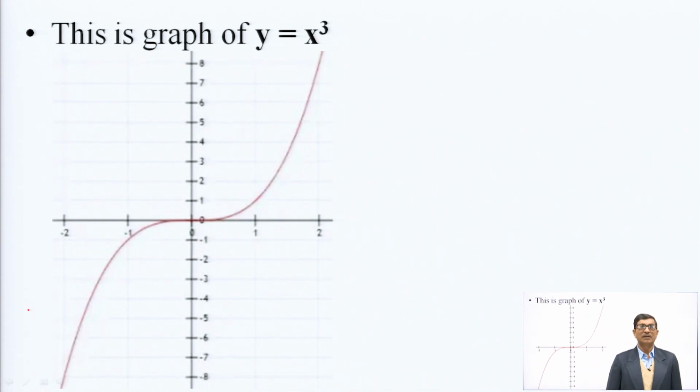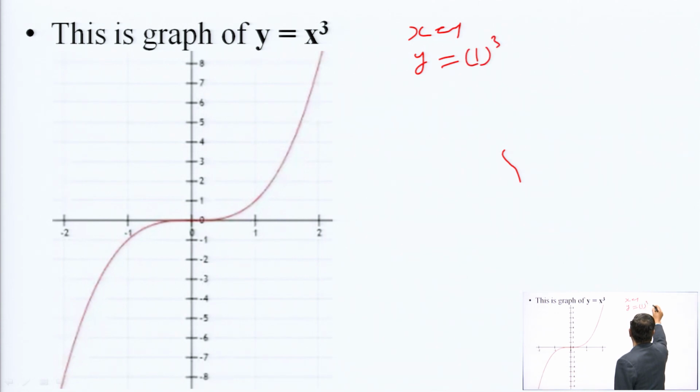This is a graph of y equal to x cube. If x equal to 1, then the value of y equal to 1 cube, that is 1.